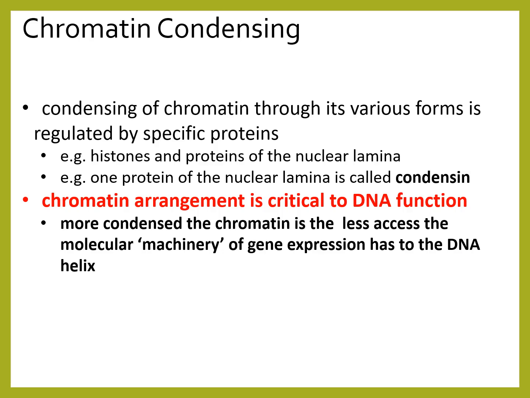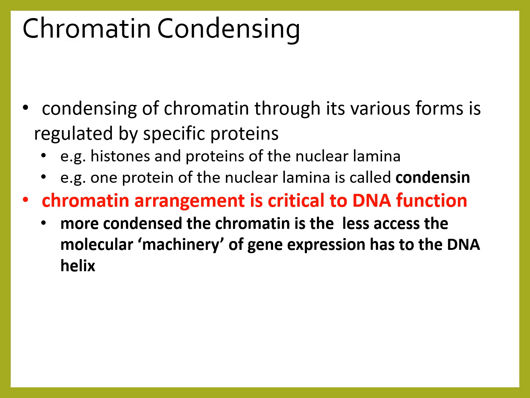The condensing of chromatin through its various forms is regulated by specific proteins. So for example, going from euchromatin to heterochromatin is regulated by the H1 histone protein. Going from 30 nanometer fiber to the 300 nanometer fiber is regulated by proteins of the nuclear lamina.